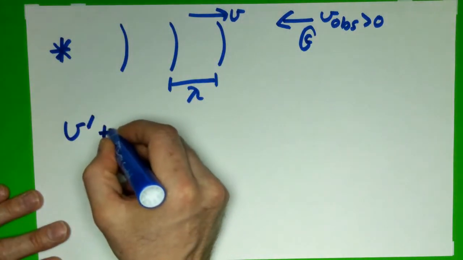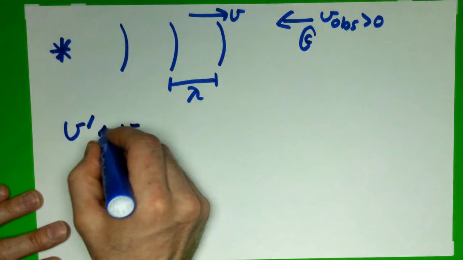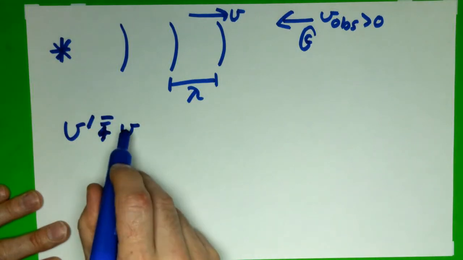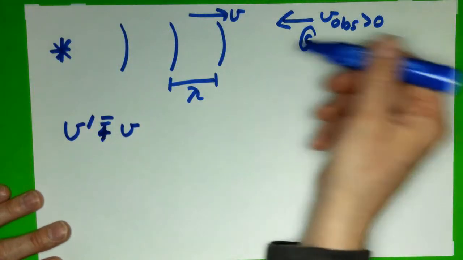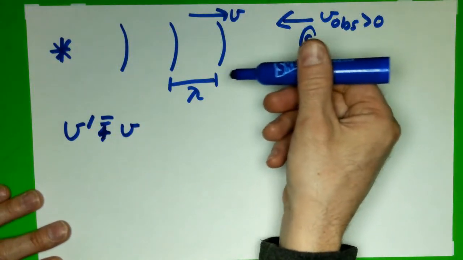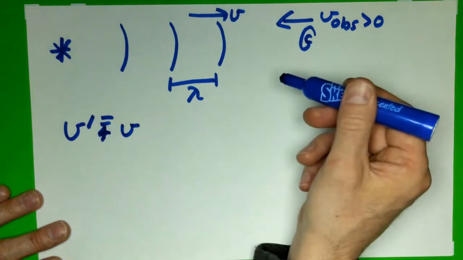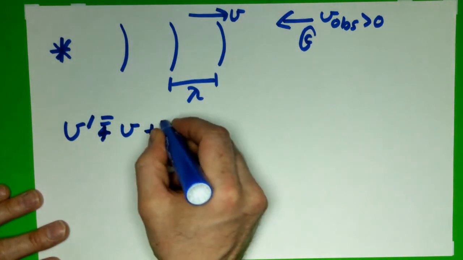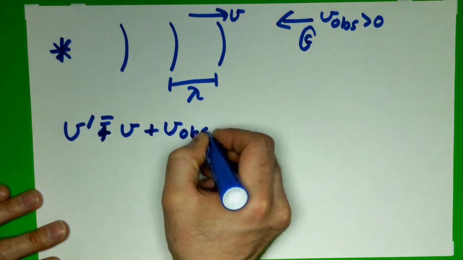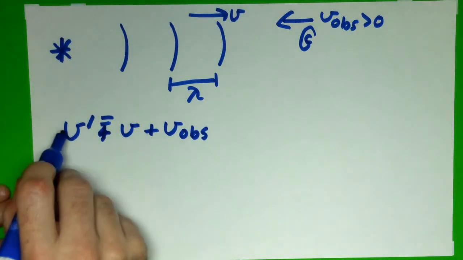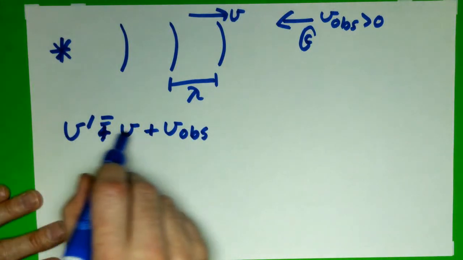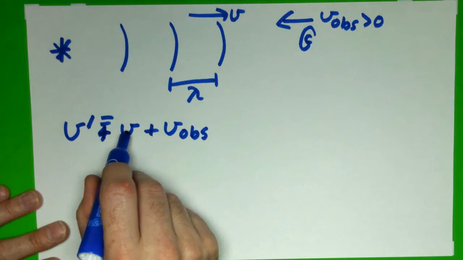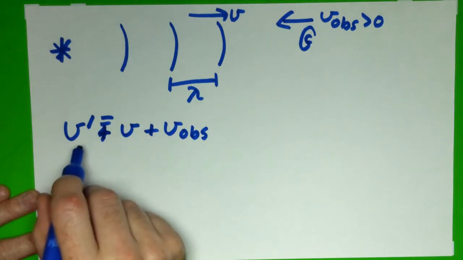It's going to be equal to the velocity that they're traveling plus the velocity I'm moving into them. So they're coming at me faster because I'm moving into them. Okay, so that's going to be plus v observer. This is the perceived speed, and this is the speed of sound in air and my speed.